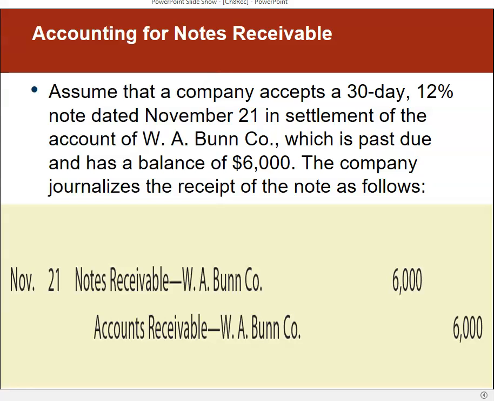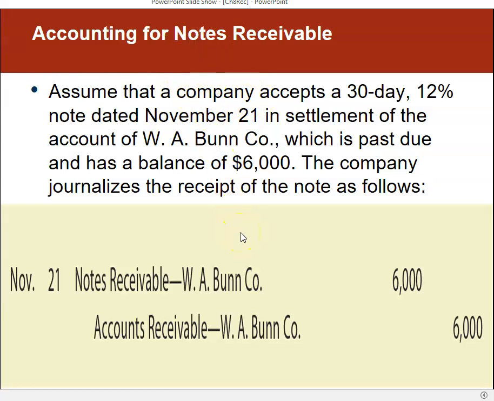And originally we had an account receivable set up, a regular account receivable, and something has happened, and there's been some correspondence here. It just says a company; it doesn't give us the name of the company.